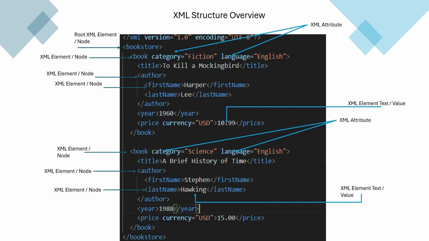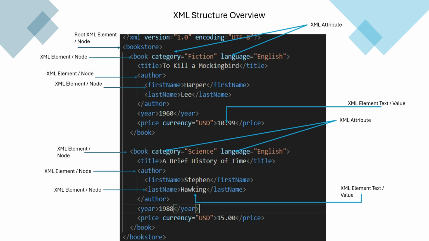As an example, 10.99 is the value of the price XML element. Similarly, Stephen Hawking, where Stephen is the first name and Hawking is the last name, is the XML value of the respective element. So Stephen is the value of the first name element, Hawking is the value of the last name element. Similarly, 1960 and 1988 are the XML values of the year XML element.